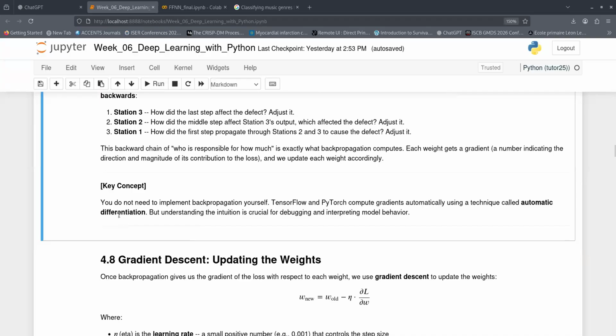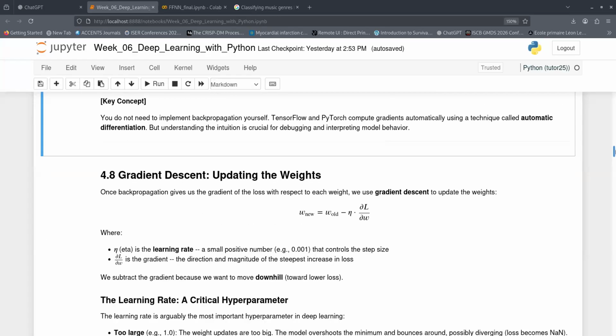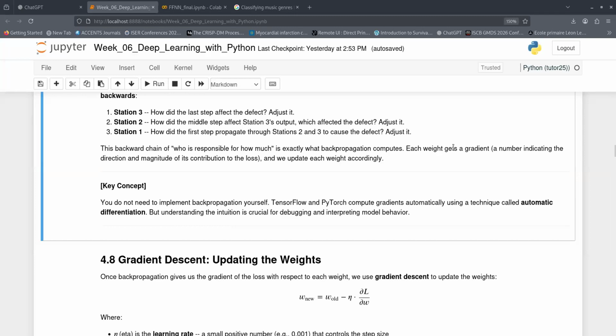The key concept here is that you don't need to implement backpropagation yourself. TensorFlow and PyTorch compute gradients automatically using a technique called automatic differentiation. You just have to understand the intuition, which is crucial for debugging and interpreting model behavior. Now, gradient descent: just remember we said something about adapting or adjusting.